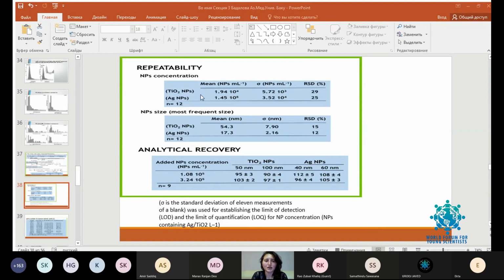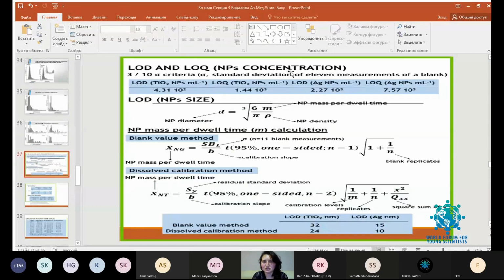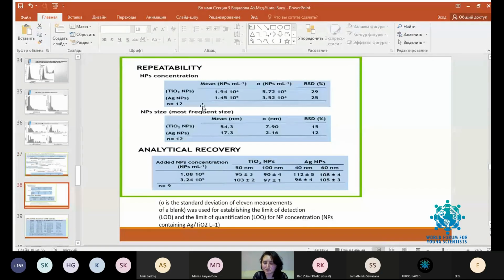Okay. Before I thought that we used the concentrations for the nanoparticles, and we calculated LOD and LOQ. And from the slide, you can see these calculations, where we used also blank value method and dissolved calibration method.